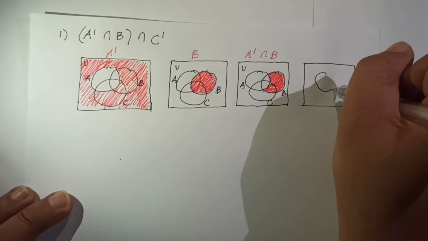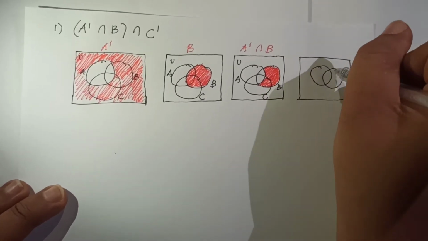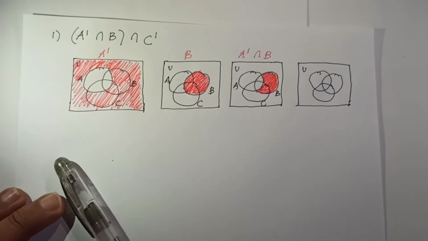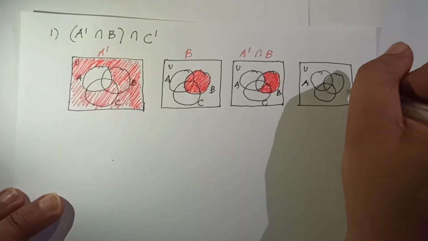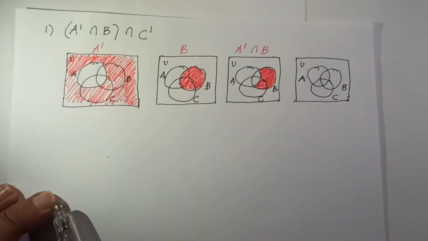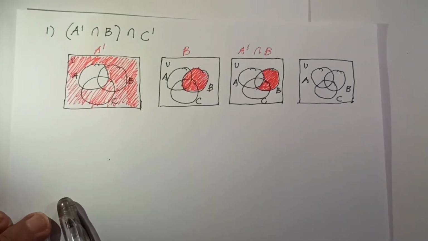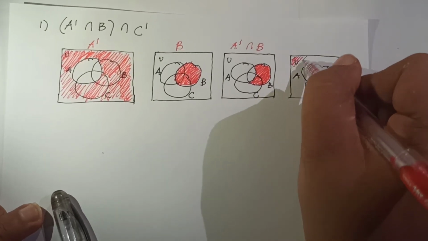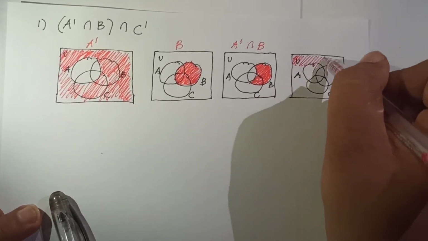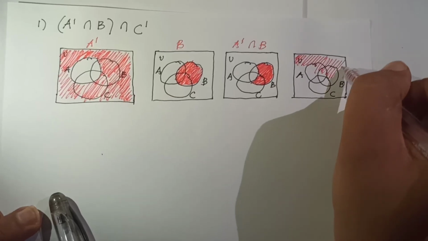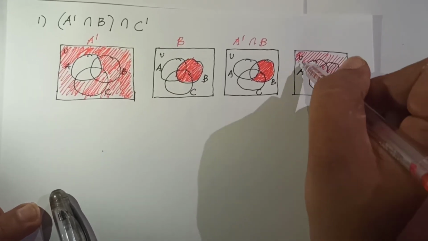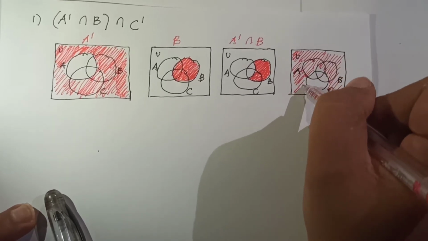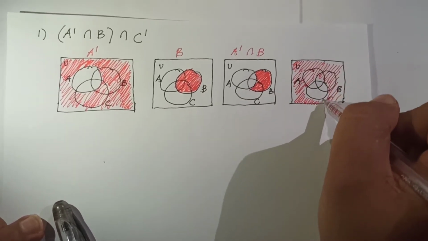And U. So if this is our A, this is our B, and this is C prime, we are going to shade all the parts except C. Only C is not shaded.